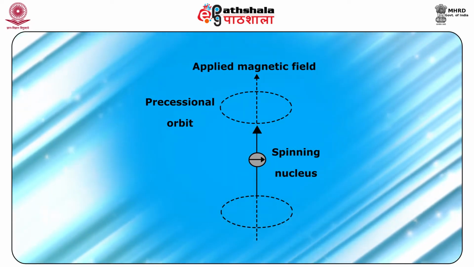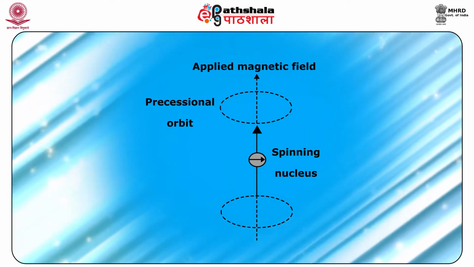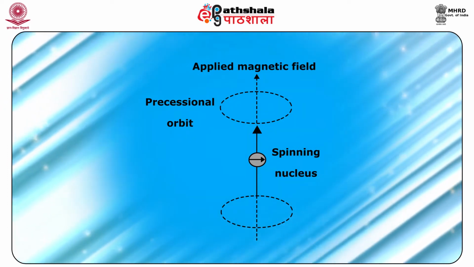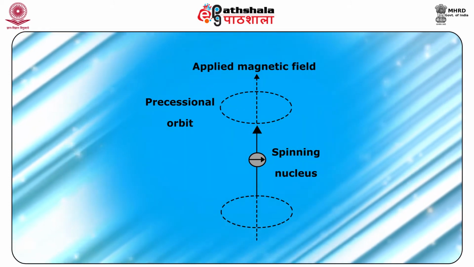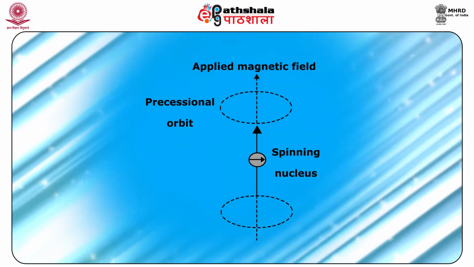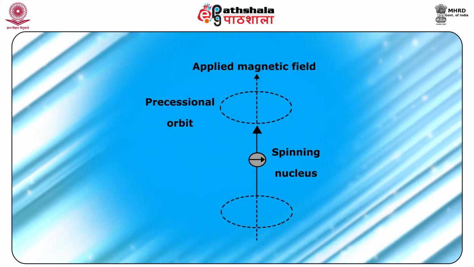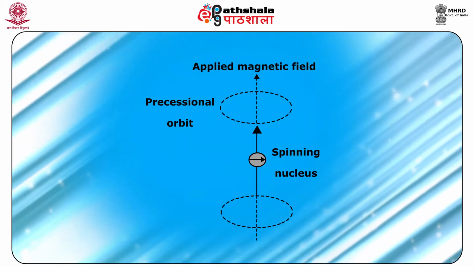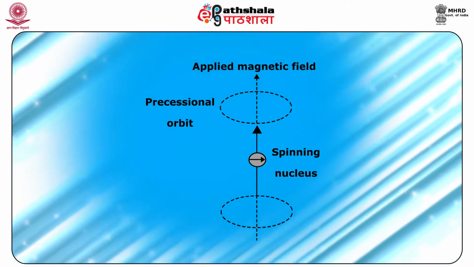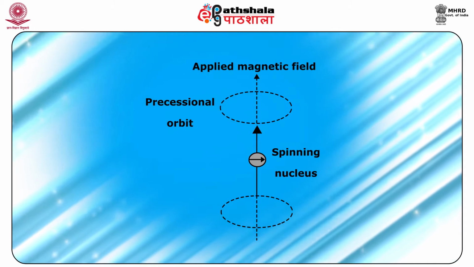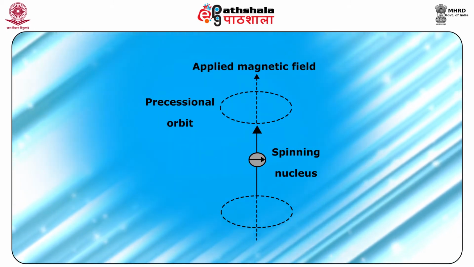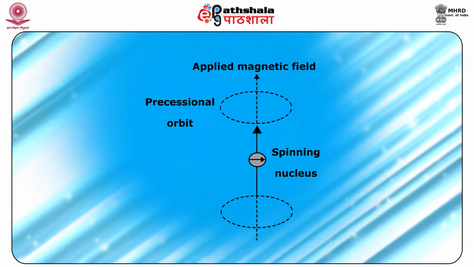This type of motion is called precessional motion, and it arises due to the interaction of the spin with the Earth's gravitational field acting vertically downwards. Now, you can sort of visualize this waltz motion of a top in this figure, the precessional motion due to the gravitational field of the Earth.